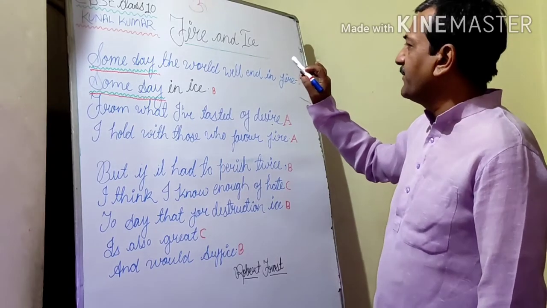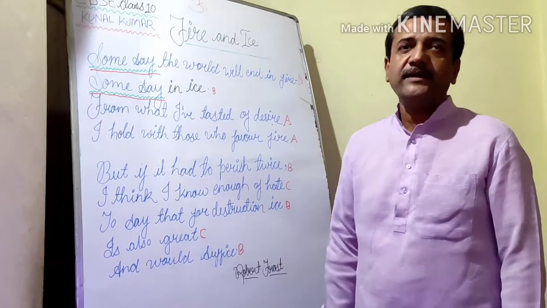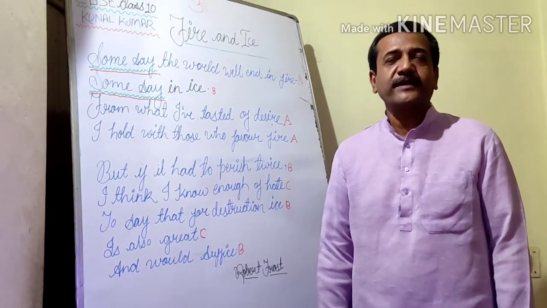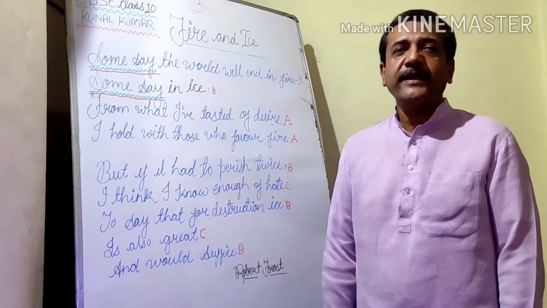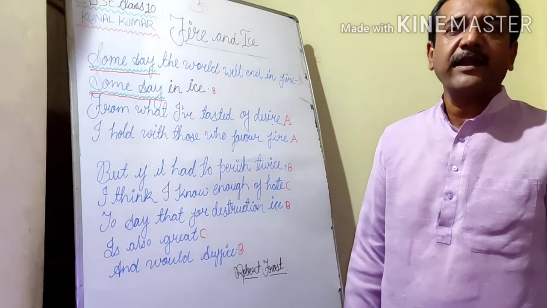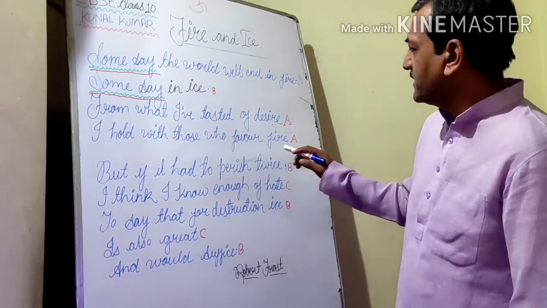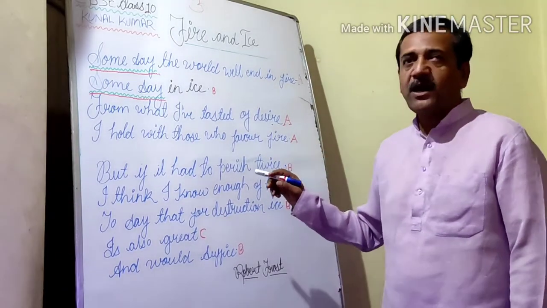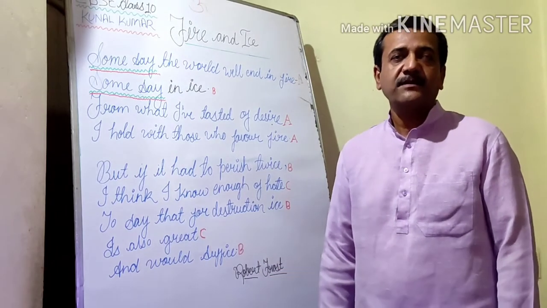Any stanza of 4 lines is called a quatrain. And the second stanza having 5 lines is called a quintet.